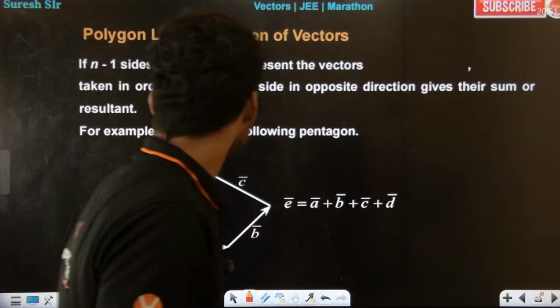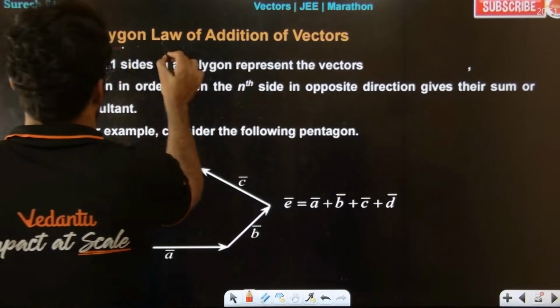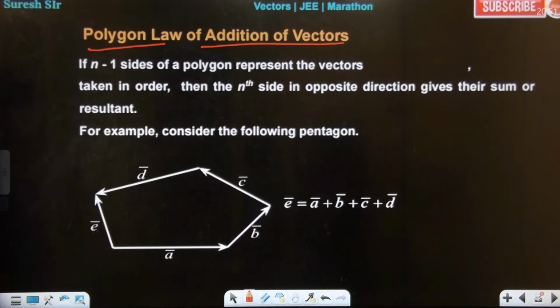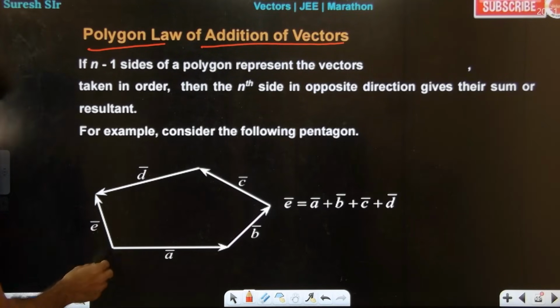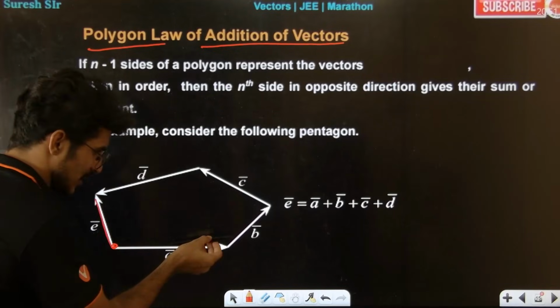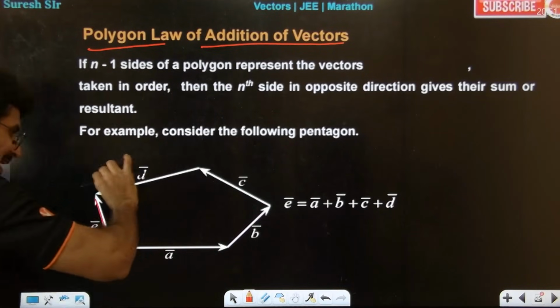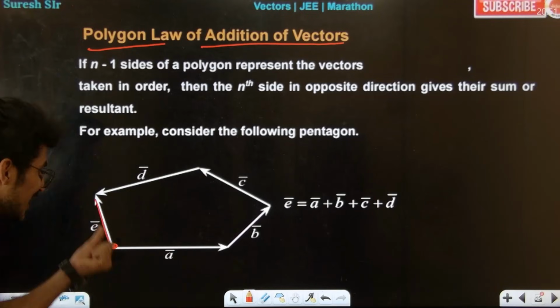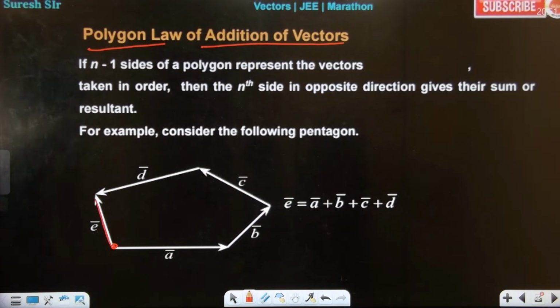Now the polygon law of addition of vectors. I am taking this pentagon. Basically I am starting from here, this is the starting point. A vector, then I reach over here. A plus B plus C plus D is equal to the E vector. So that is basically the polygon law of addition of vectors.